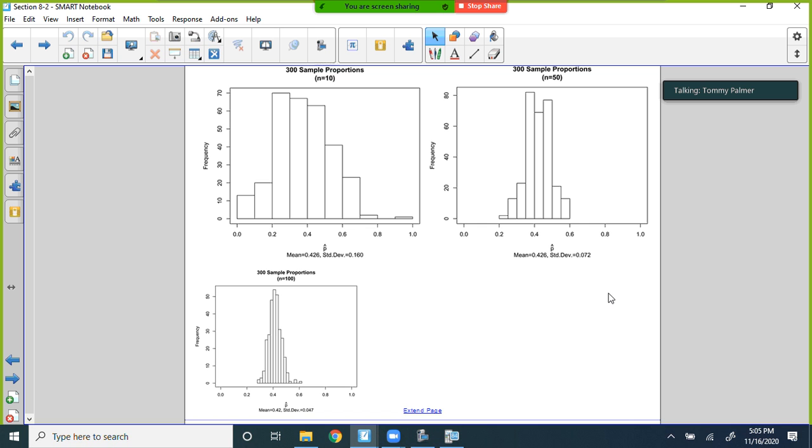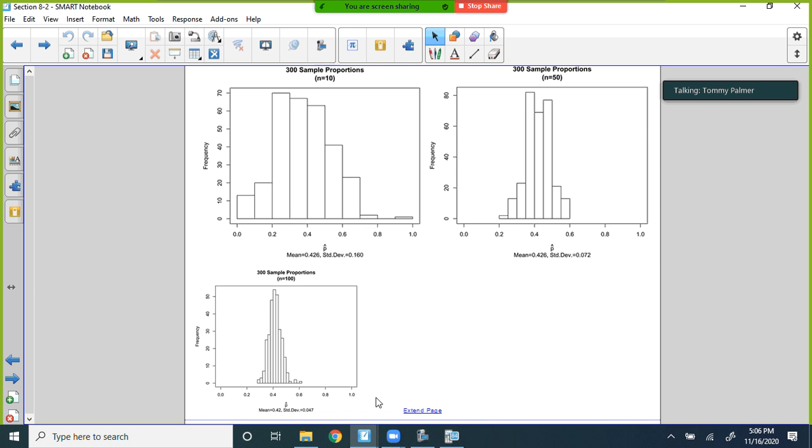And the standard deviation ought to start to decrease, and that's what we're seeing. Standard deviation of 0.16, 0.072, and then 0.047. So as the sample size goes up, the standard deviation, the variability of it, will start to go down. Okay, that's two characteristics that we should see out of that. Any questions on that? Yeah.